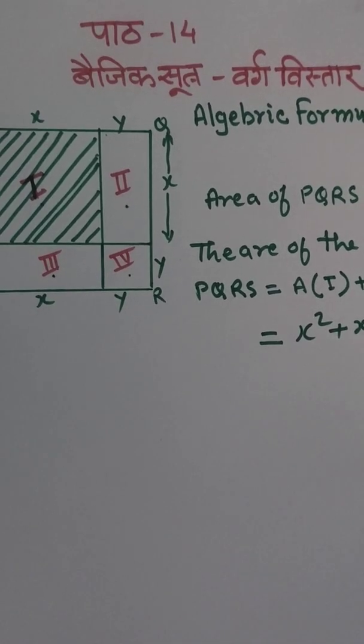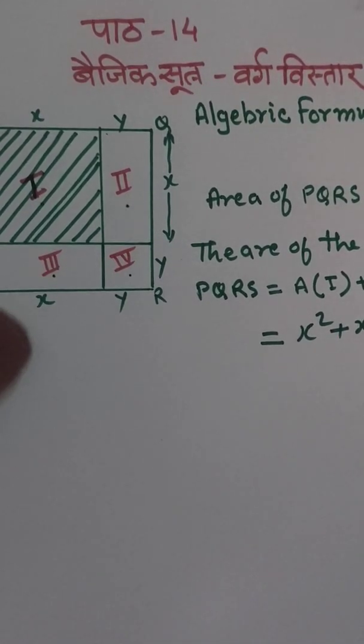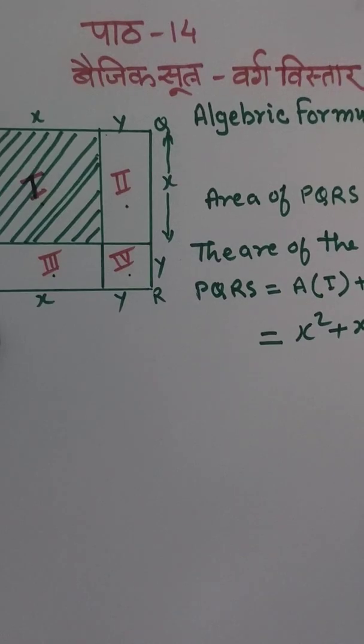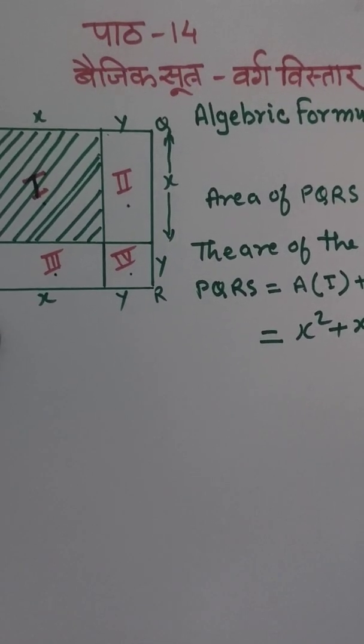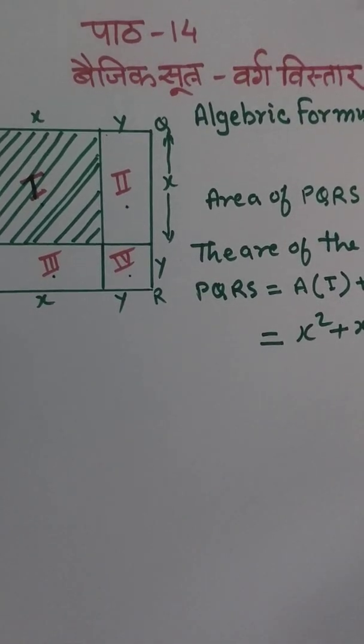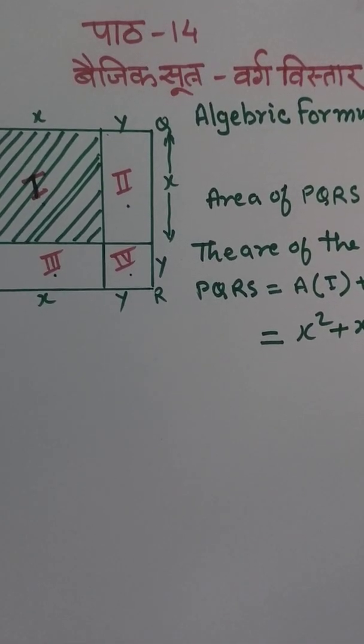Area of third is also a rectangle, so this area is xy, plus the area of fourth, which is a square with side y, therefore y square.